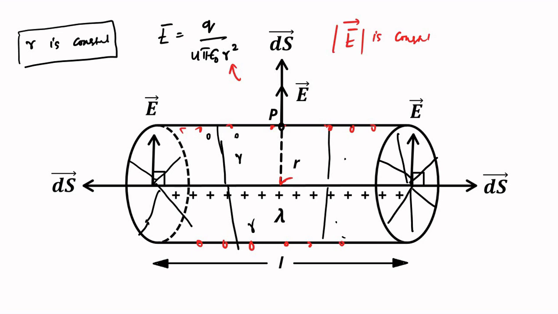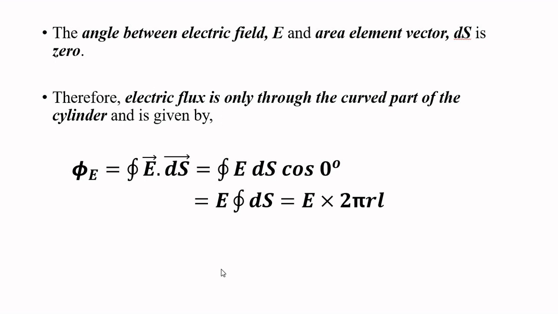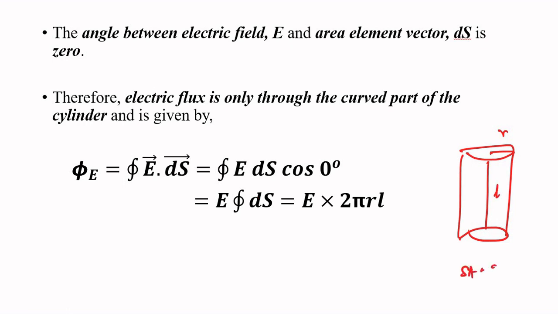So E is constant. That's why E goes outside, and we only perform the closed surface integration of the area. Now we know that the curved surface area of a cylinder of radius r and length L is equal to 2 pi rL.